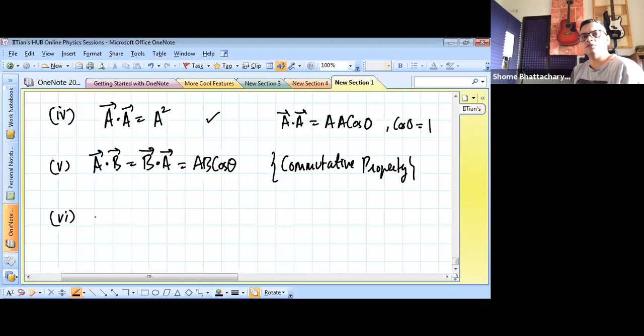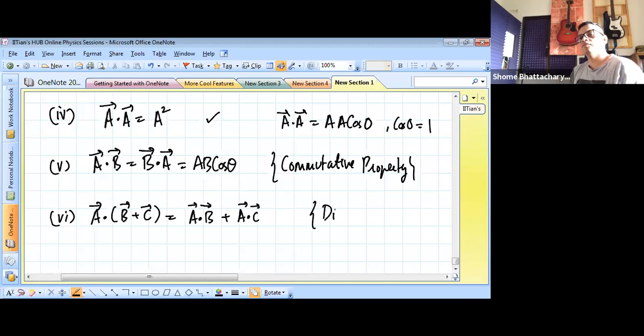And along with this, we also have the distributive property. That is A dot of B plus C is equal to A dot B plus A dot C. For example, in scalar operations, both multiplication and division are distributive.